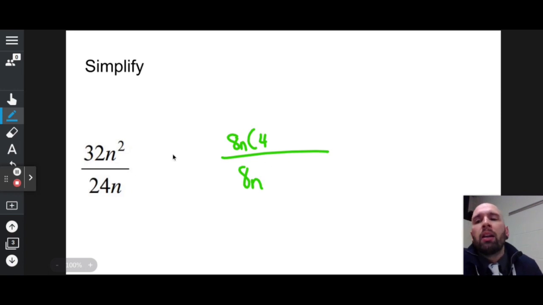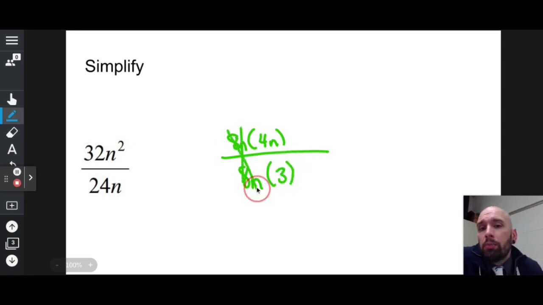When I divide the 8 from the 32, I have a 4. When I take one n away from another n, I have 4n. And when I factor an 8n out of 24, I have a 3. These guys cancel out, and I'm left with 4n over 3.